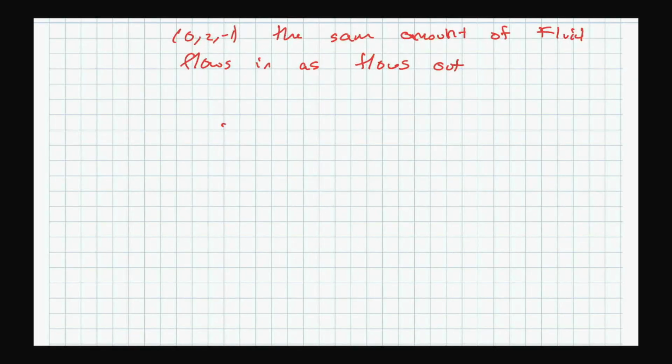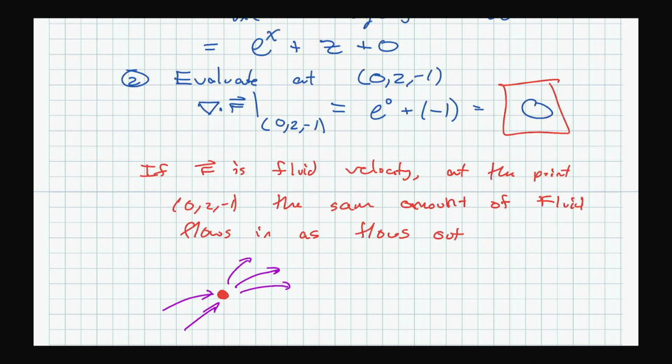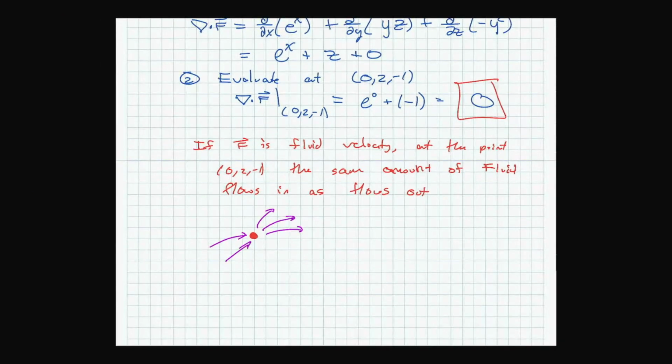So you've got this point, and you have some fluid flowing in, and then you also have some fluid flowing out. And the amount that goes into that point and the amount leaving that point is the same. And that's why this comes up zero. Okay. So that's just an interpretation. They didn't ask for an interpretation, but we're just saying it. Same amount of fluid flows in as flows out.